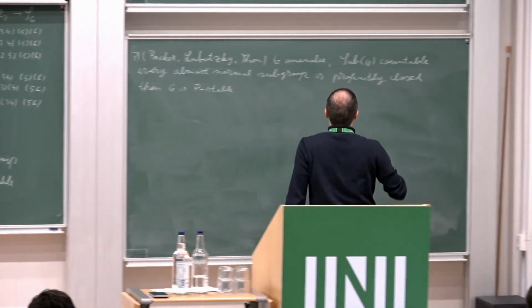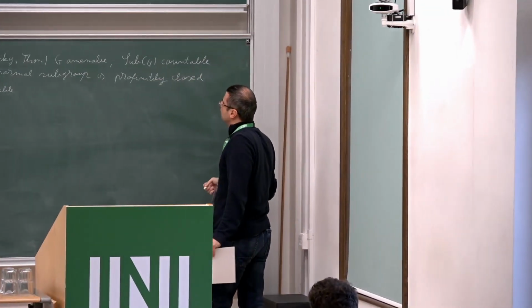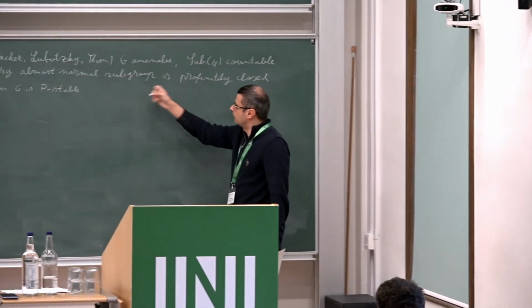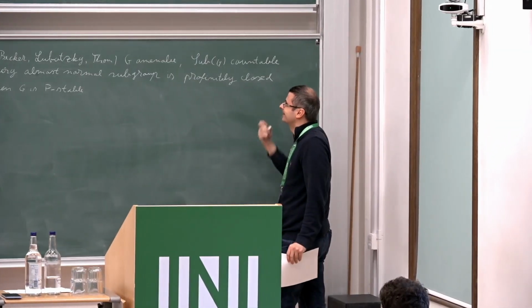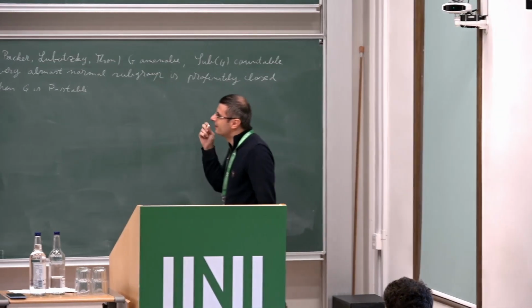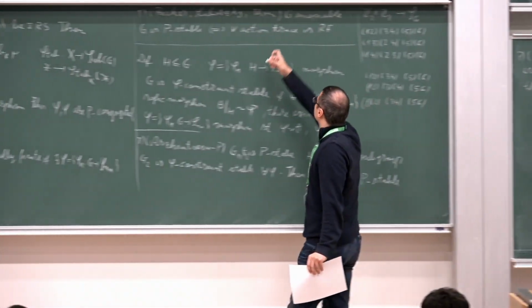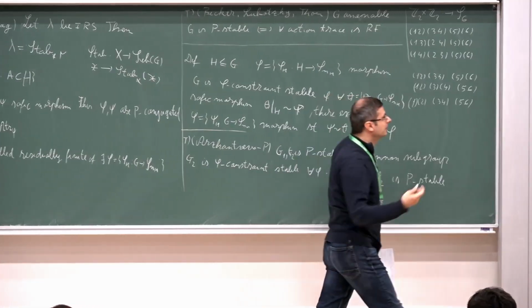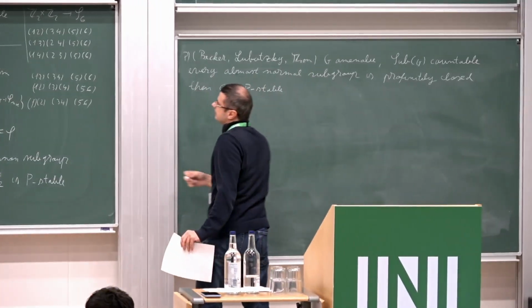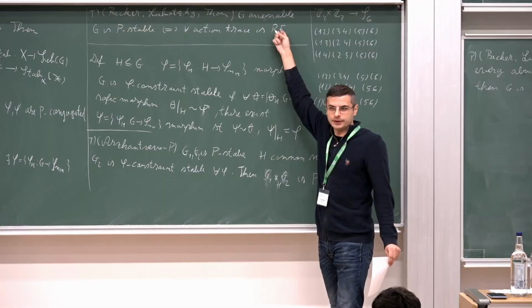Actually, if you have only this condition, that countably many subgroups and every almost normal subgroup is profinitely closed, then any action trace is residually finite. And if additionally you know that the group G is amenable, then you can apply this criterion.